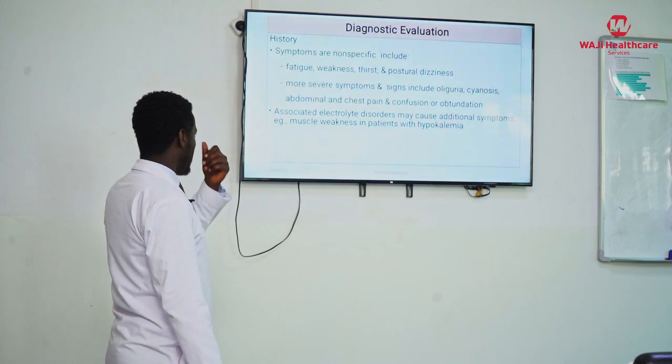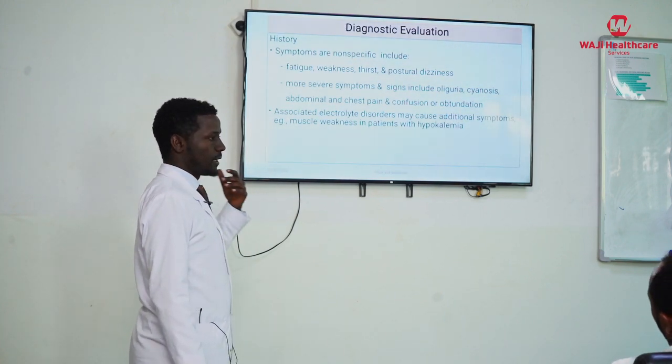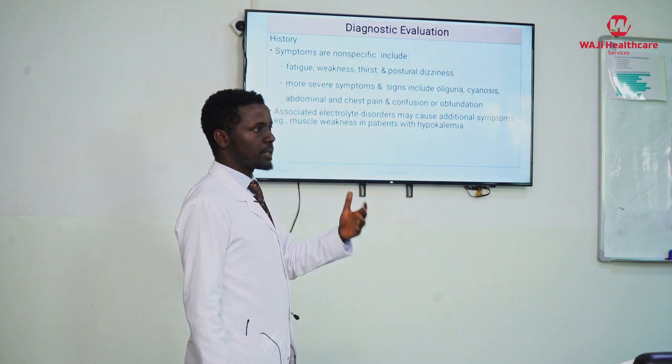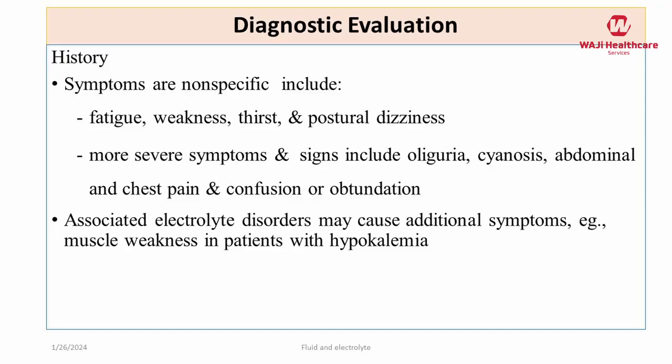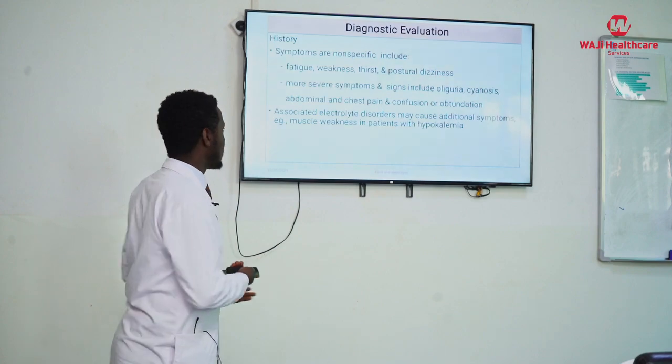These are early symptoms, but if they are not intervened, the symptoms might progressively become severe. So the patient will be oliguric, with decreased urine. They can have abdominal and chest pain, and finally confusion, obtundation. So these are the usual symptoms of fluid disorder or hypovolemia.